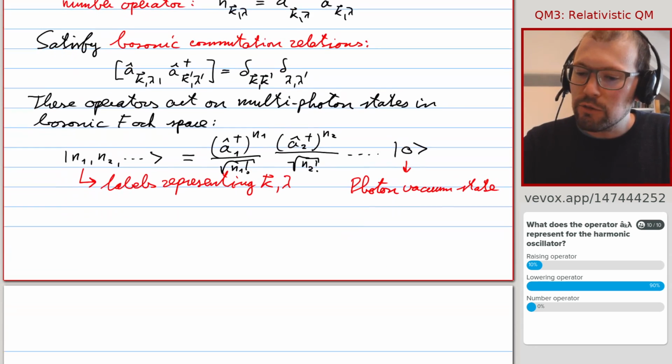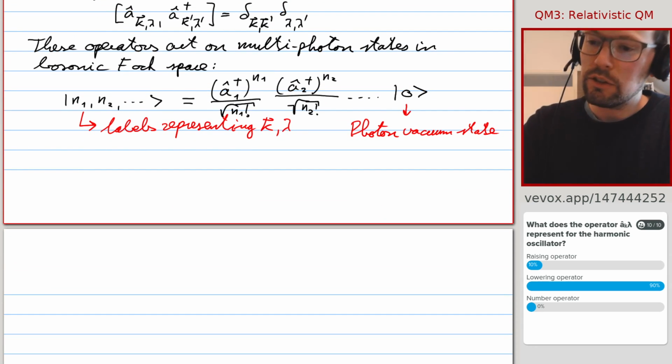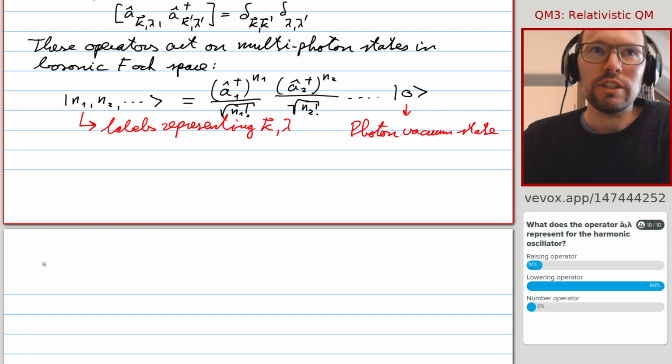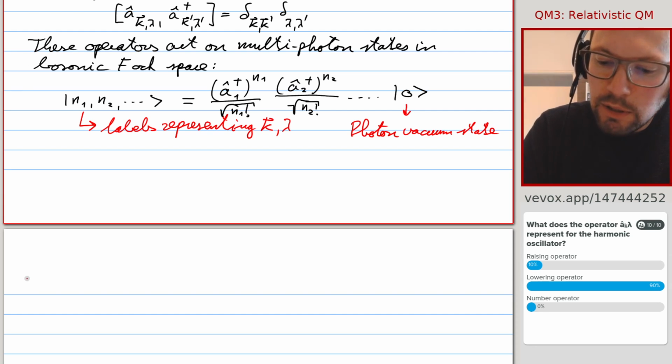So let's write down explicitly what this field operator looks like. That's relatively straightforward because we had already expressed them in terms of these coefficients A. So we just have to put hats on them.